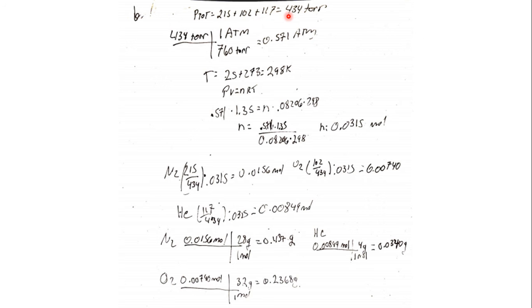Then once I have my total, I'm going to convert that to atmospheres because I want to figure out how many moles of gas is in my sample. Because I'm given a temperature, a pressure from the total pressure, a volume, and I have R, I have 4 variables out of 5 for PV equals nRT.